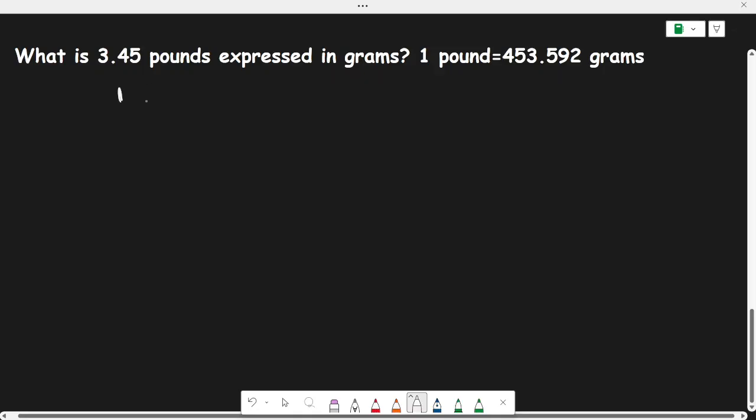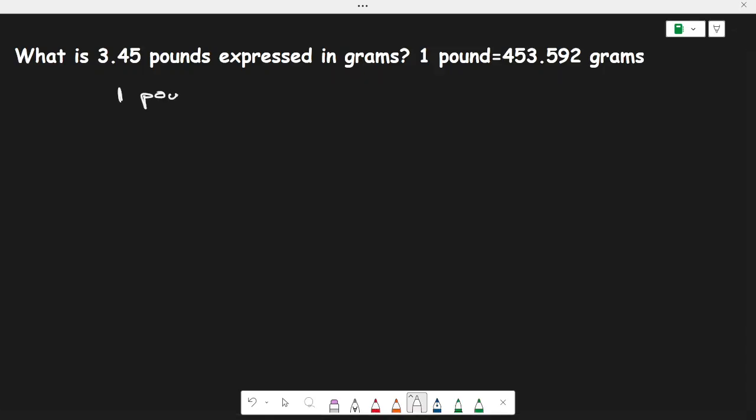So 1 pound is equal to, it's not 4 point, it's 453.592 grams. Actually, let's just represent these things by their symbols. We know for pounds it's LB, for grams it's G.